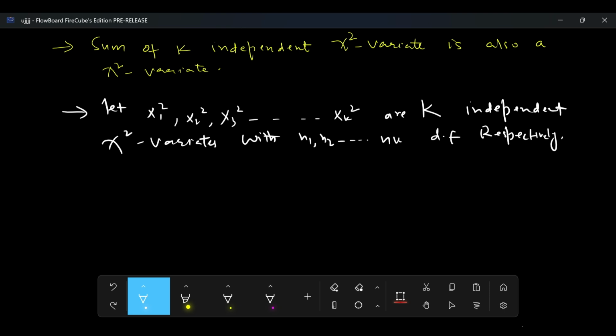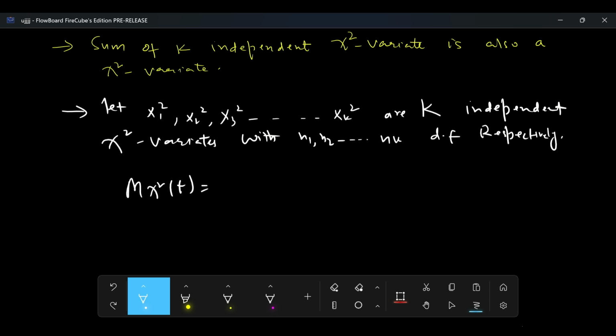Then the MGF of chi-square t will be 1 minus 2t to the power minus n by 2, as you know.